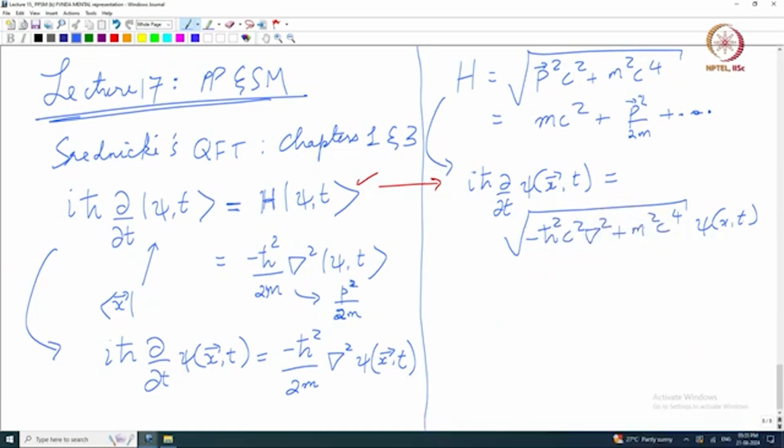Now think about this, can this be a good equation to describe a wave function in special relativity? Is this a good way to combine quantum mechanics and special relativity? And don't just say that there is a square root of some operator on the right hand side. Can you think of a physical reason why this cannot be a good equation? It is not just that the right hand side operator is under a square root.